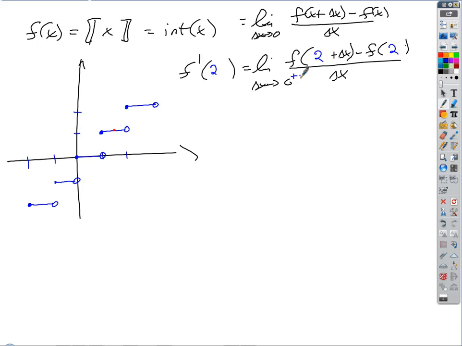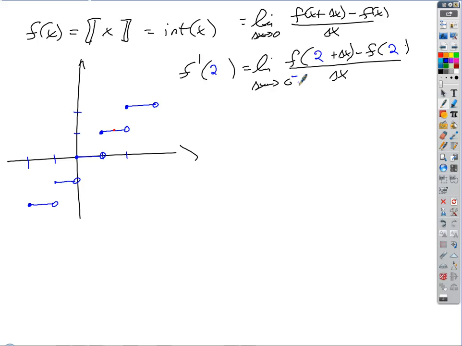That's not very interesting, though. Let's look at it from the other side. What if we're approaching from the left? What's f of 2 plus a small negative smidge, 1.999 something, right? Everybody see that?